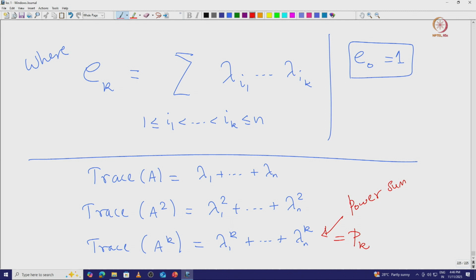But what is the connection between these elementary symmetric polynomials and these power sum polynomials? That connection is explained by the Newton identities. If you know the elementary symmetric polynomials, then from them you will be able to compute these power sum polynomials.